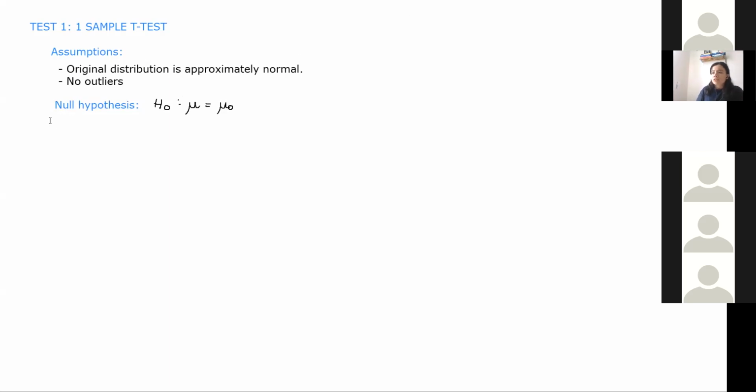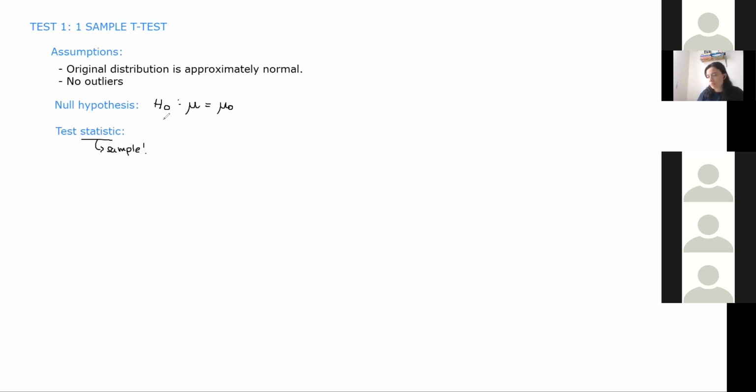And then depending on the alternative hypothesis, my test is going to change a little bit. But before I get to that, I'm going to talk about the test statistic. This is the number that I will compute from my sample, right? It's going to be very similar to what we had in the previous example.